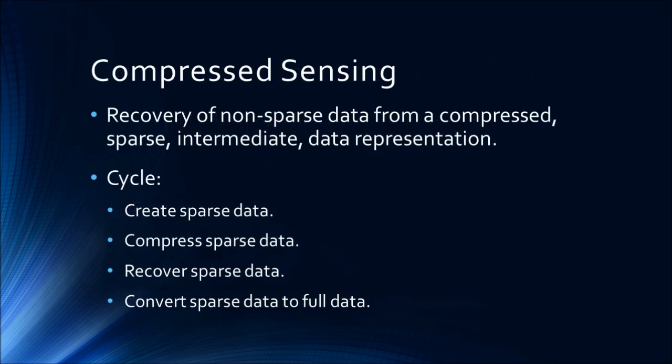So that brings us to our definition of compressed sensing: the recovery of non-sparse data from a compressed, sparse intermediate data representation. The general cycle: create it, compress it, recover it, and then bring it back to real.